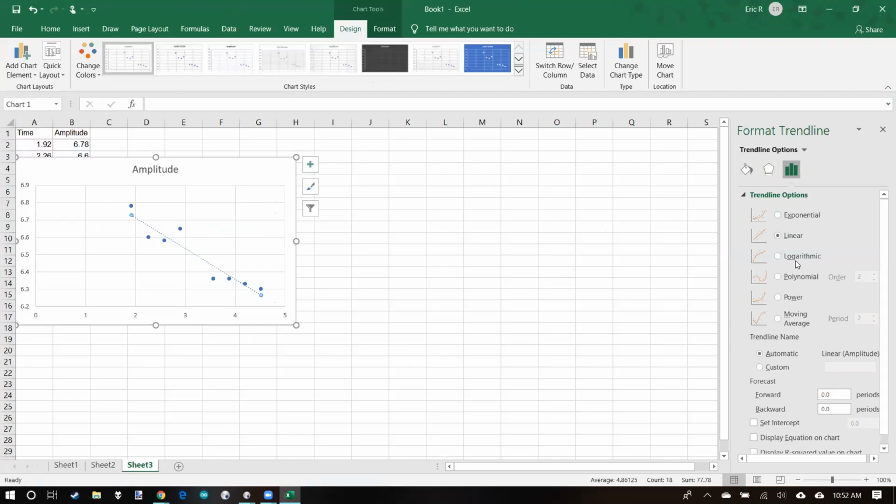I have exponential, logarithmic, polynomial, power, and moving average. If I choose polynomial, it's going to try and fit it with a quadratic. If I choose logarithmic, it's going to try and fit it with a logarithm. If it's linear, it's going to try and fit it with a line of the form y equals mx plus b. And which one you choose, what do you think that depends on?